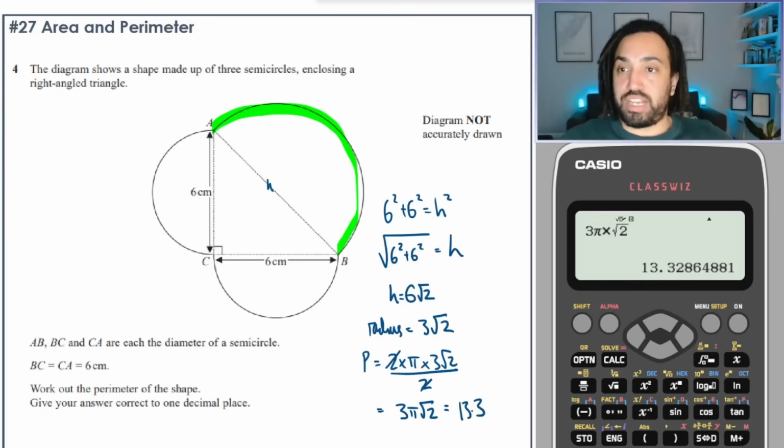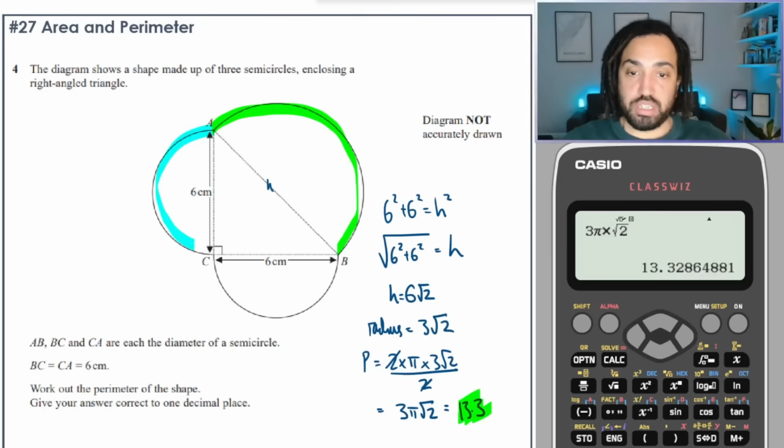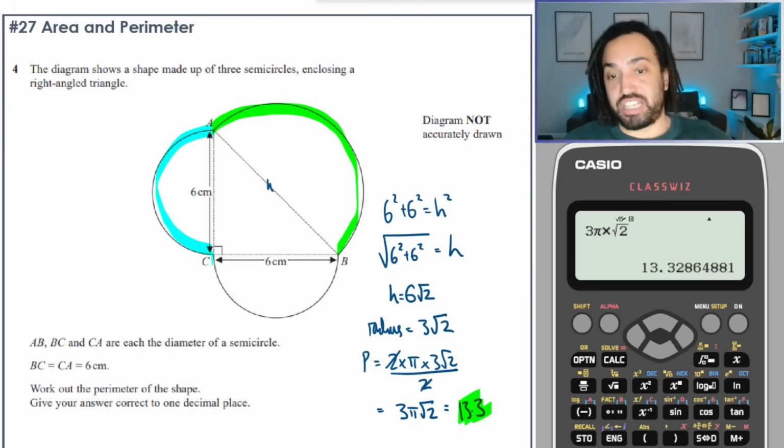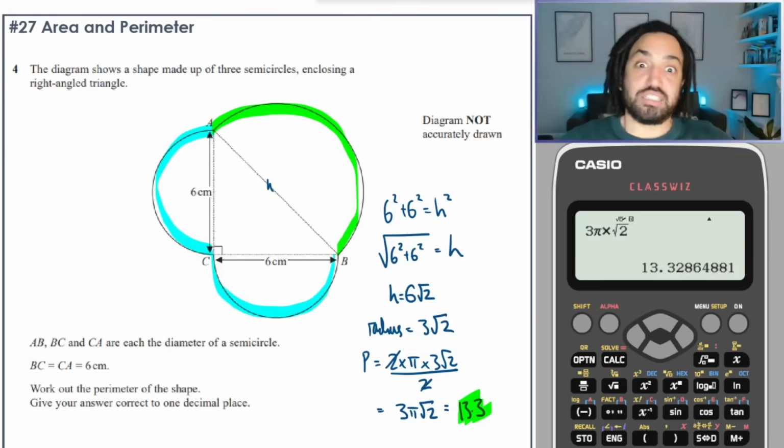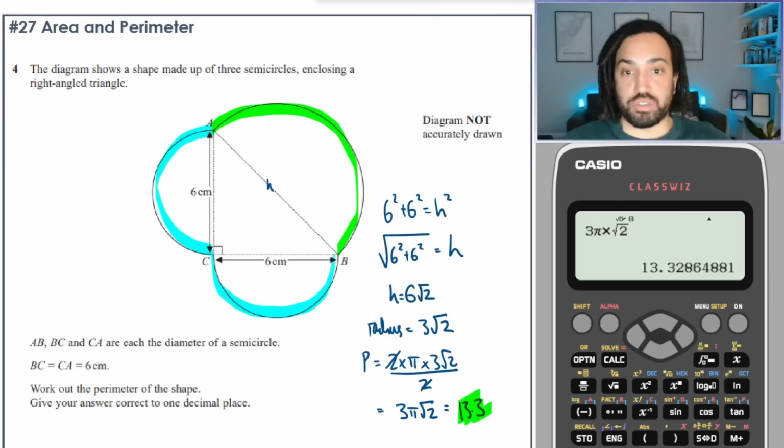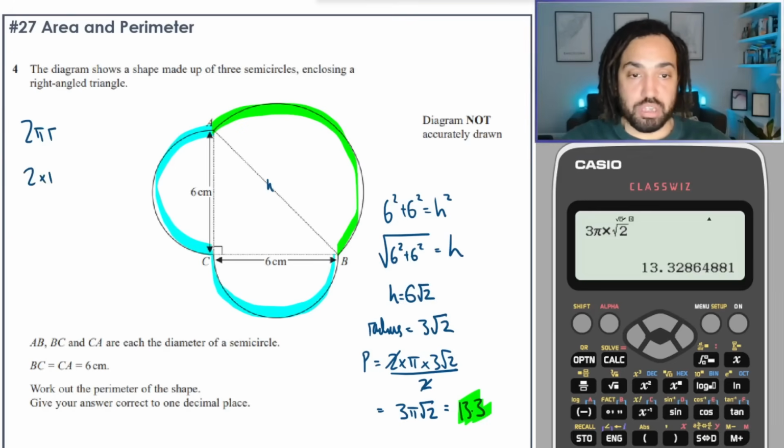Okay, now that is the green bit. Let's find the blue bit, which is actually exactly the same as this blue bit. So in fact, it's just one full circumference of a circle with radius 3. So it's just 2 times pi r, so it's just 2 times pi times 3.